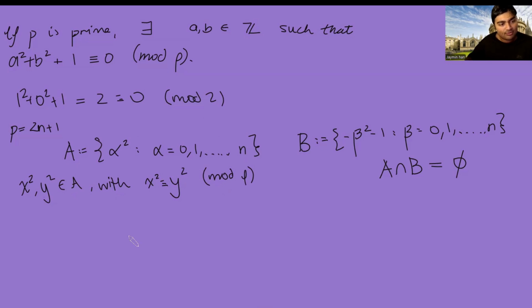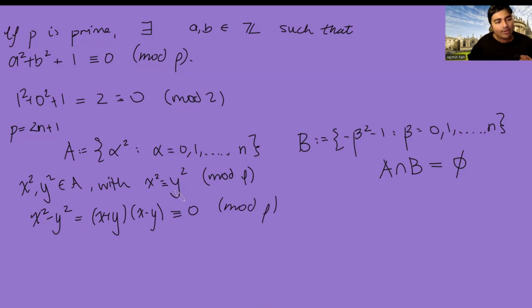Now, if this is true, then we get x squared minus y squared, which we can write as the difference of two squares, so x plus y times x minus y. This is going to be 0 mod p, just by subtracting the y squared here. Okay, so that just tells us that x plus y times x minus y must be a multiple of p. But since p is prime, that must mean that either this guy is a multiple of p, or this guy is a multiple of p.